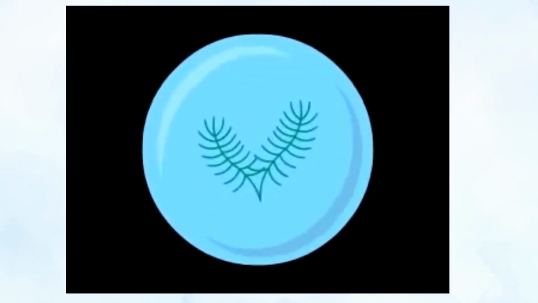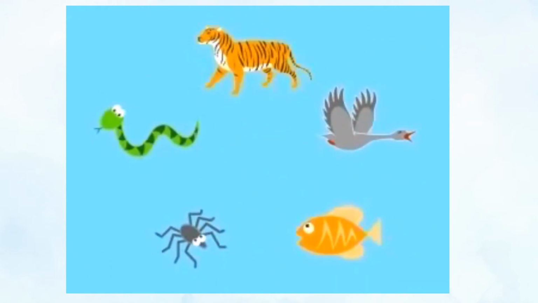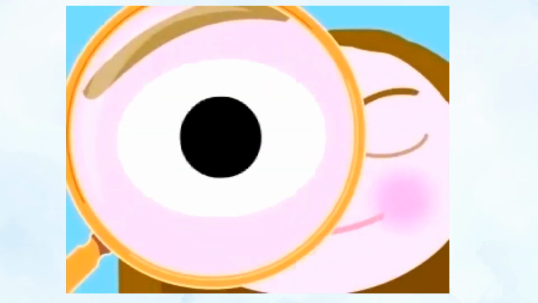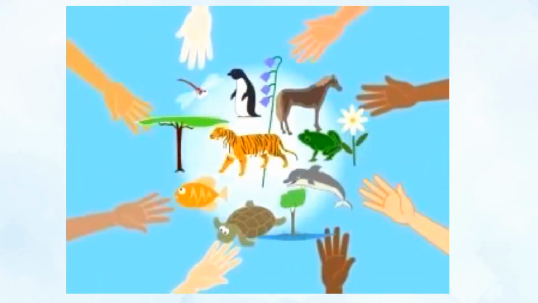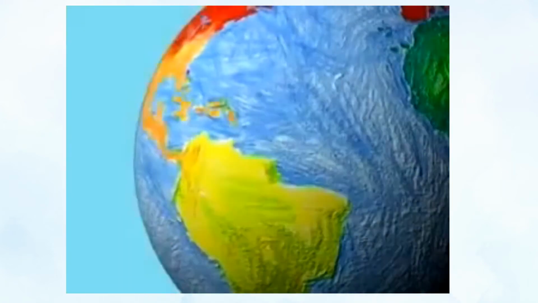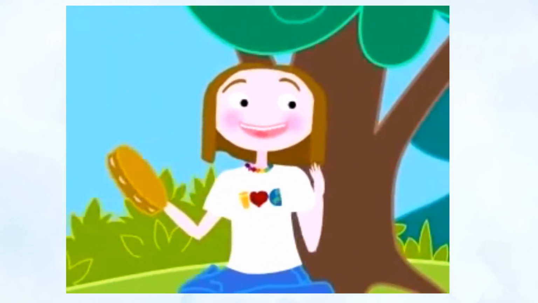Gigantic trees, microscopic plants, and tiny seeds. Creatures that crawl, swim, slither, fly, walk, and talk. Life is everywhere on Earth. Everywhere? That's right. All living things should be treated with respect and consideration, even if they're not so easy to see. I got it. Principle number 1 is life, and life is everywhere.